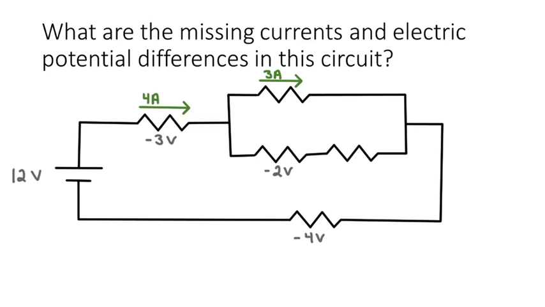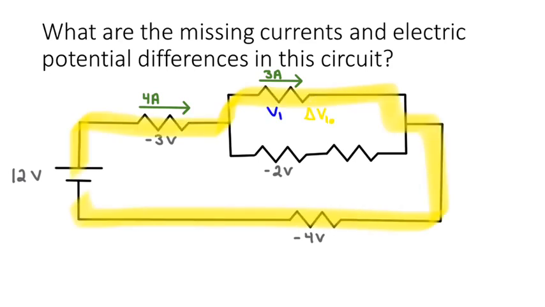Alright, so what I would do is draw a loop, highlight it in yellow, and then use the loop rule to figure out that first missing potential difference, V1. So I can write an equation like that: 12 volts minus 3 volts minus V1 minus 4 volts equals 0, and then just solve that for V1.